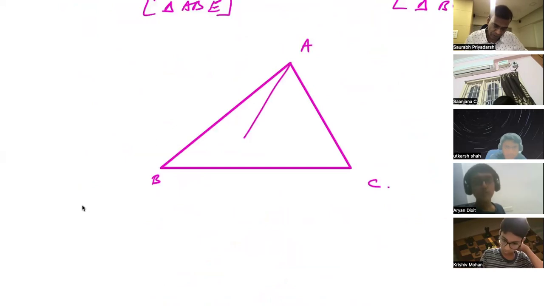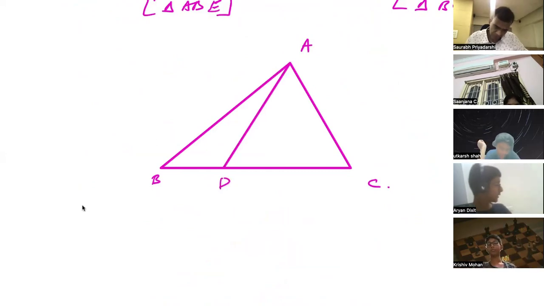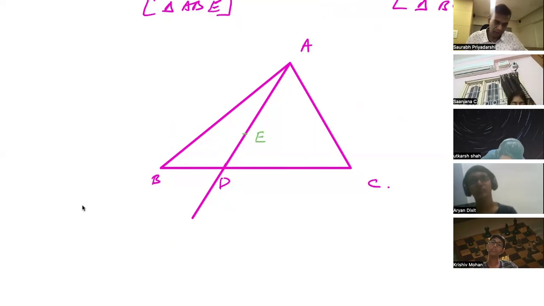This is the point D. I can extend this also, BC and BD, and E is a point here, AD is equal to 4 times DE.